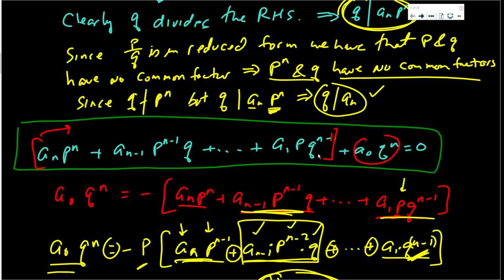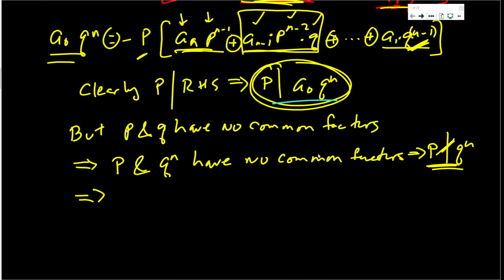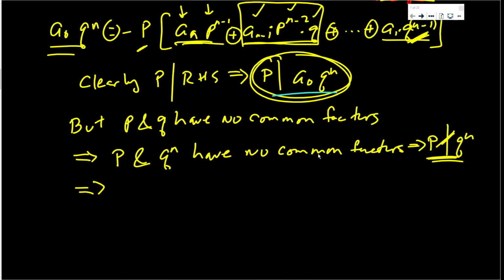Okay. Well, if p divides this product, but it doesn't divide q to the n, then it must divide a sub 0. That implies p divides a sub 0.